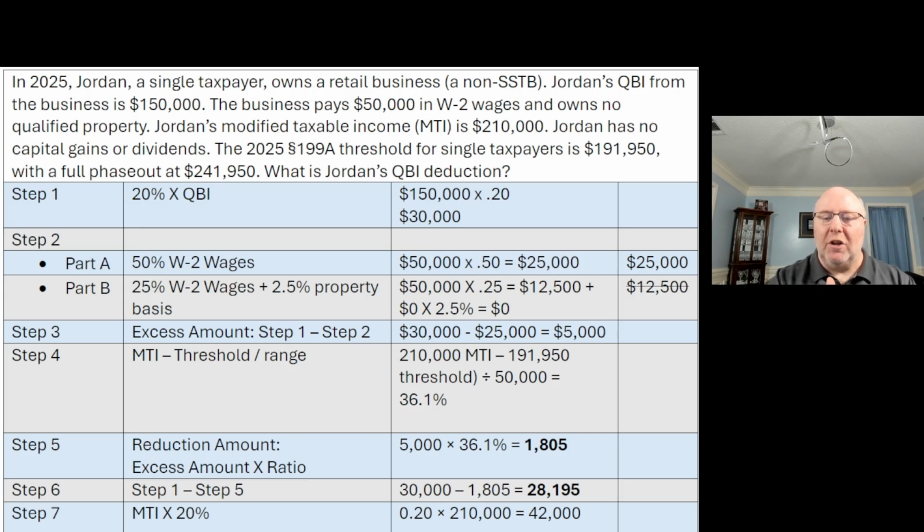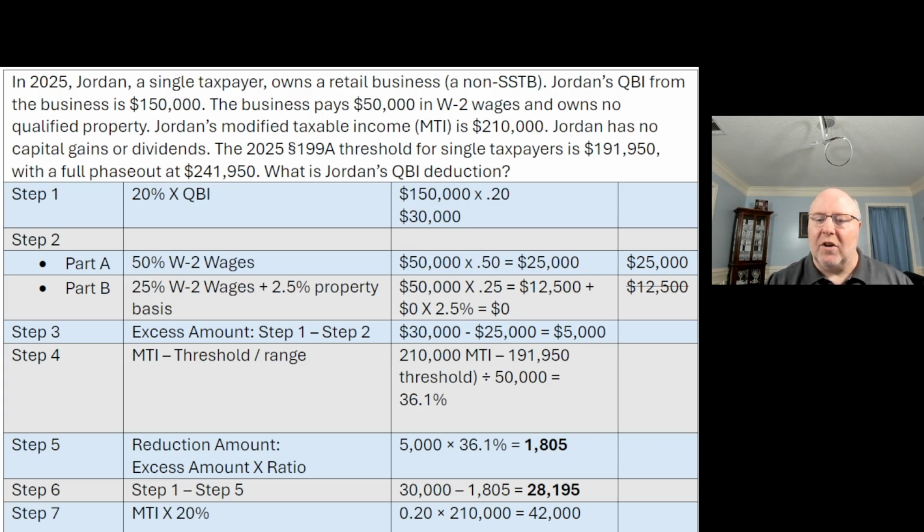Well, we have $210,000, which was our modified taxable income, times the 20%. That gives us $42,000. This amount in step 6 was lower than the amount in step 7. So our $28,195 was less than $42,000. So our QBI deduction for this problem is $28,195.